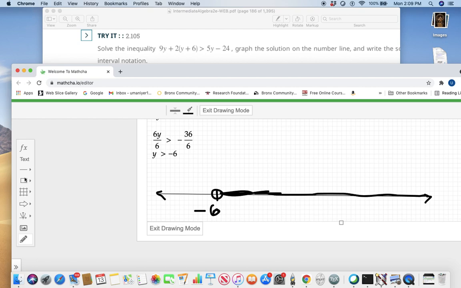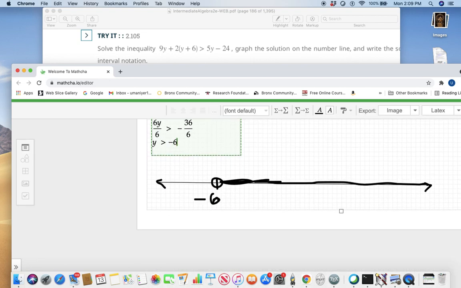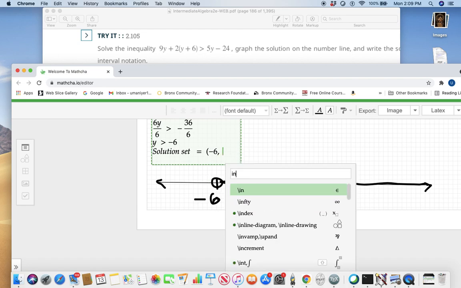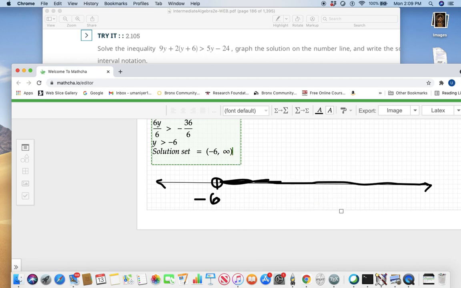All right, so that gets me the solution set. Start off your graph, start from the leftmost point. That's negative 6, which is not included, so it's parenthesis. Rightmost, there is no point, it's infinity, so that's open.